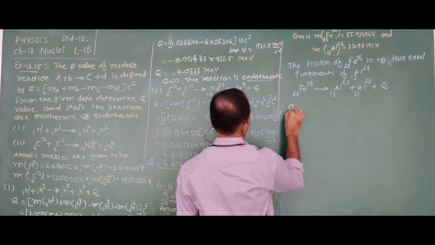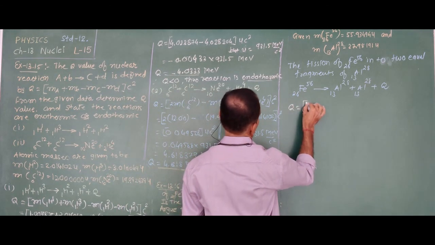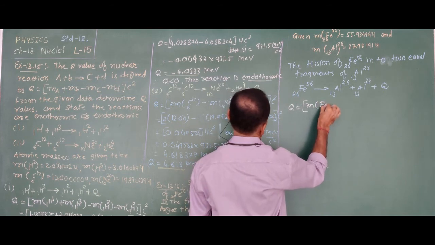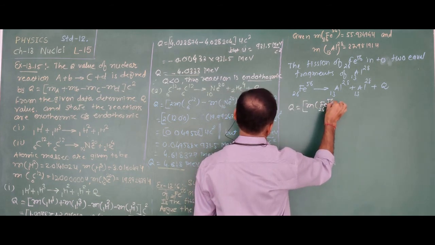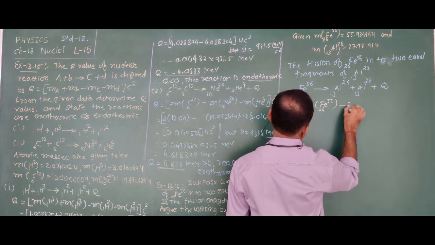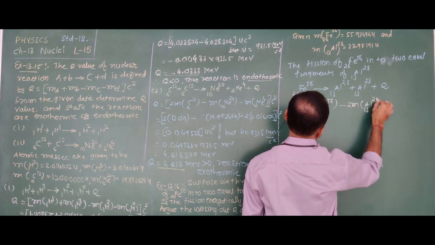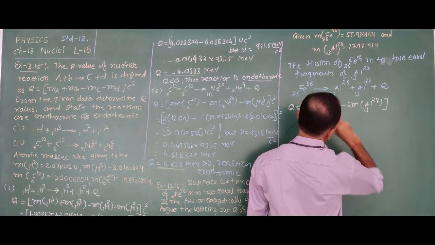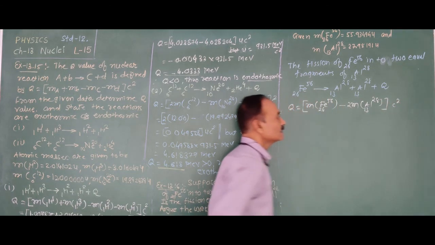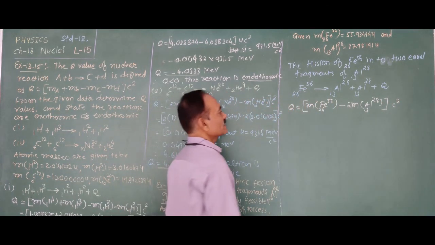Therefore, Q value of this reaction is mass of Fe 26 56 minus twice the mass of aluminum 13 28 into C square. We substitute the value.